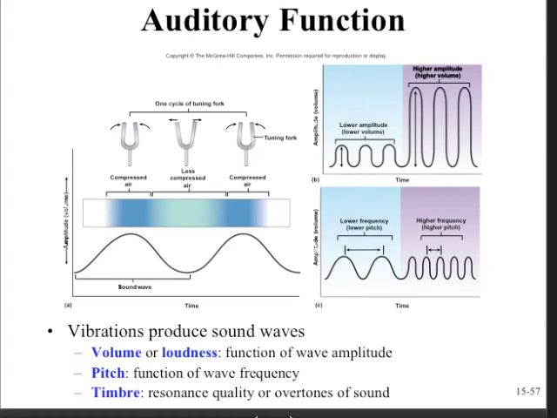The volume or loudness is a function of the amplitude of the wave, which is the height of the sound wave, while the pitch is a function of the frequency, and the timbre is essentially a resonance quality, which comes primarily from the combination of different sound waves with each other, which can either add or interfere or partially interfere depending on the phase of the wave.